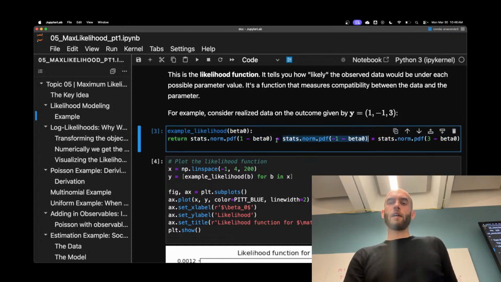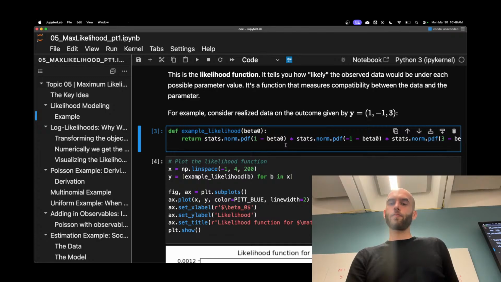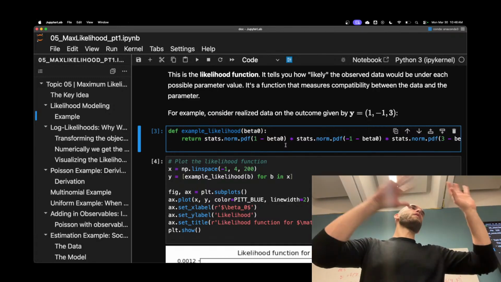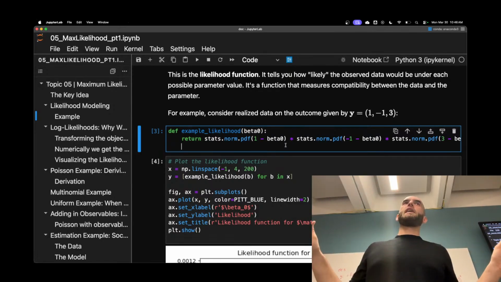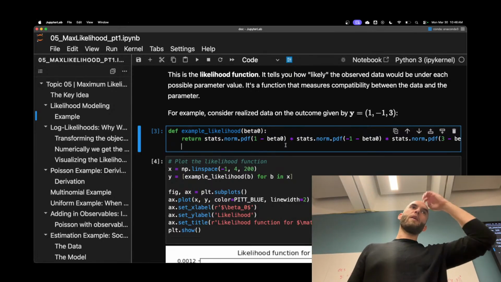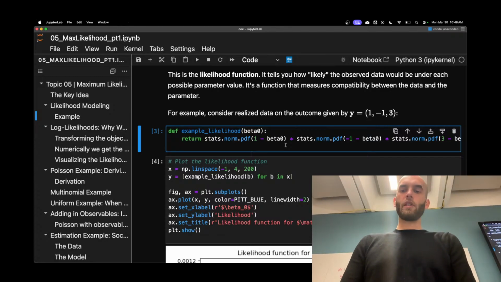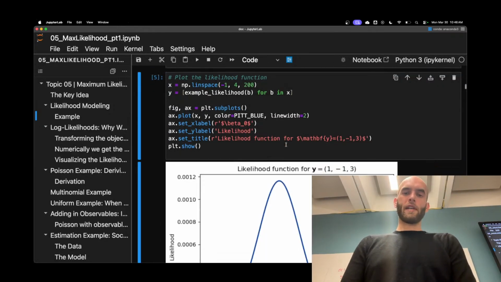We're just multiplying each of these together. Okay, so they're all numbers, just 3 functions evaluated at the same inputs on the horizontal axis, and we're just multiplying them together. So I'm going to define this, and then we're going to run this.